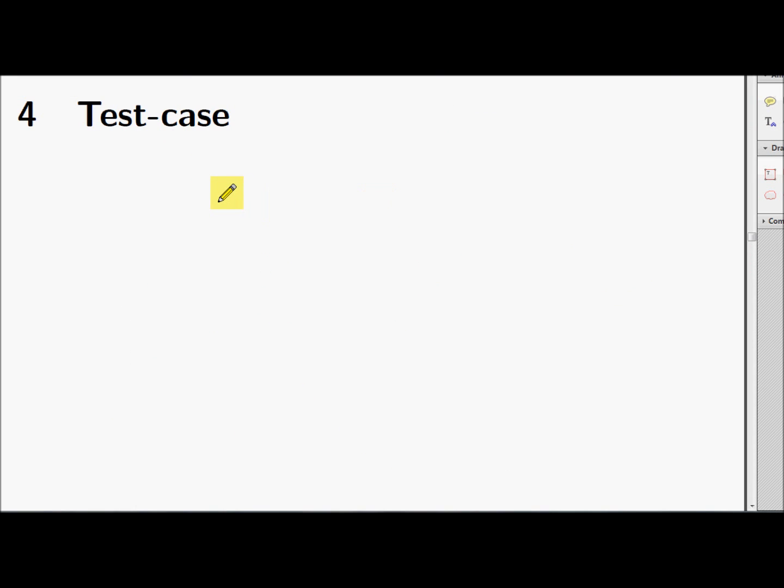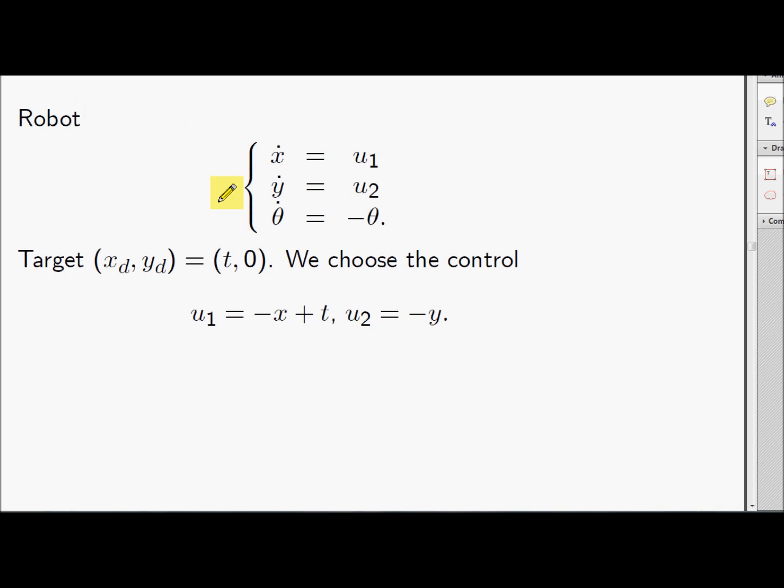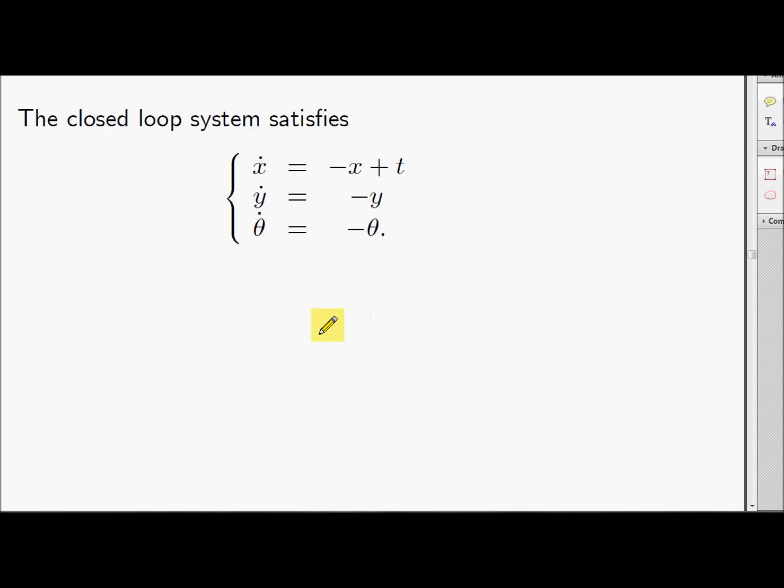A simple test case to show how it works. I take a small robot which is described by a state equation where U1 and U2 are the inputs. I choose a control, and if I do this, my system becomes autonomous. But since U1 depends on T, I have a closed loop system which satisfies a time-dependent state equation.